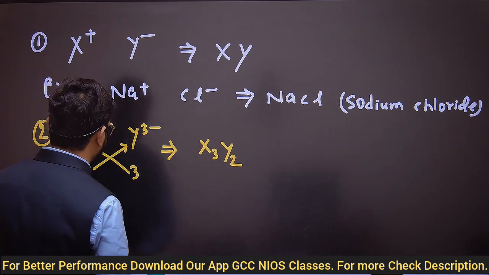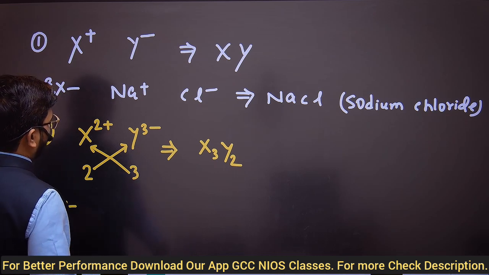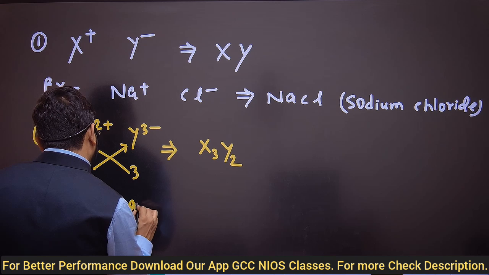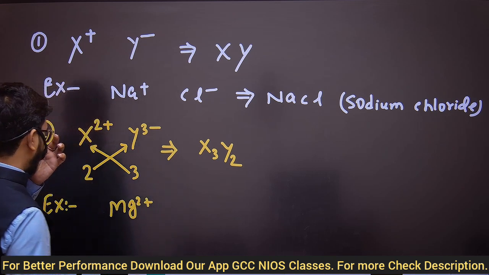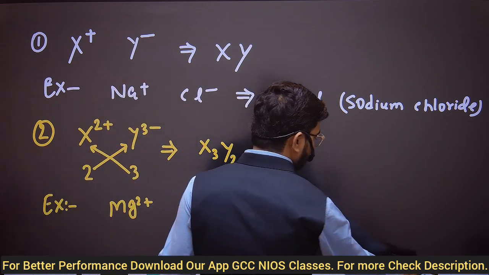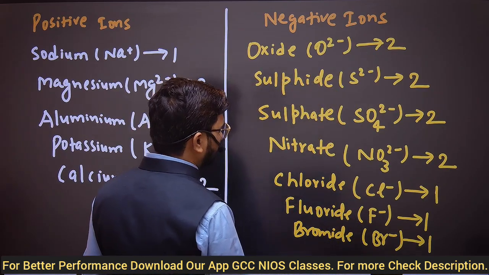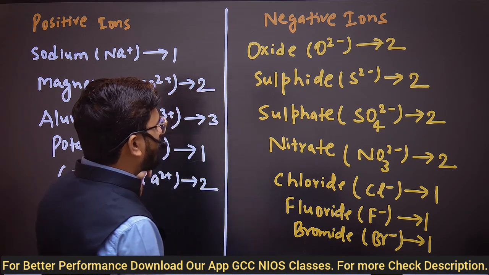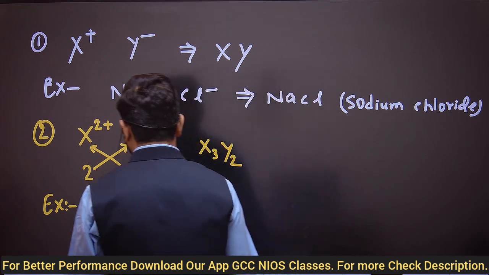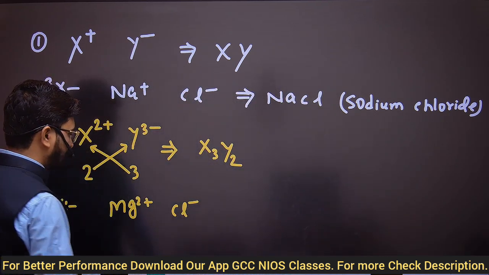For example, let's suppose we have a positive ion like magnesium, Mg2 plus, and we have any other different ion. Let's see the simple way. Cl minus, let's suppose it's a different Cl minus.